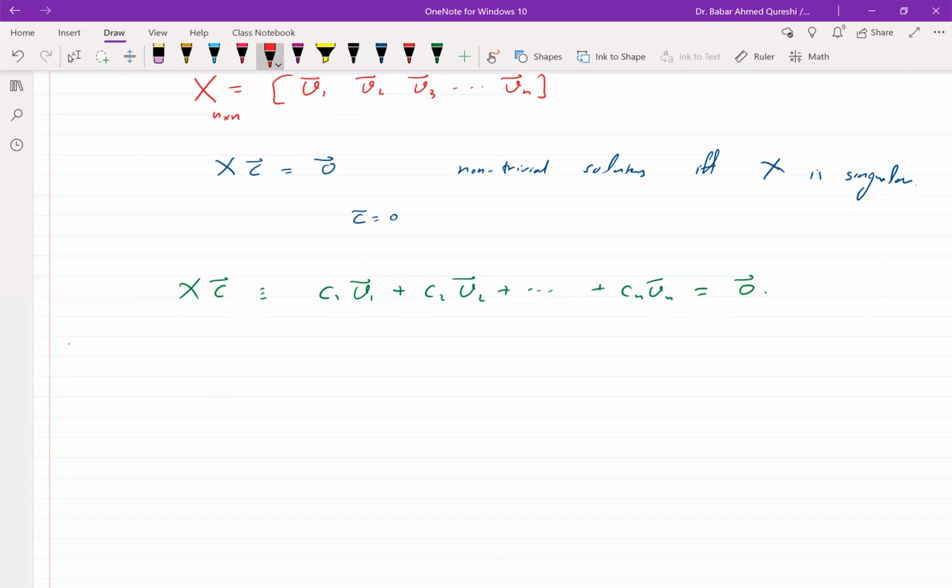So this will have non-trivial solutions if and only if x is singular. But that would imply that these vectors are linearly dependent.